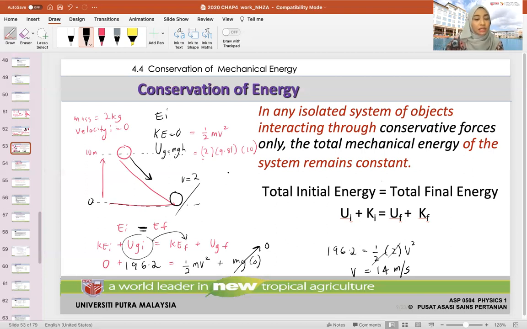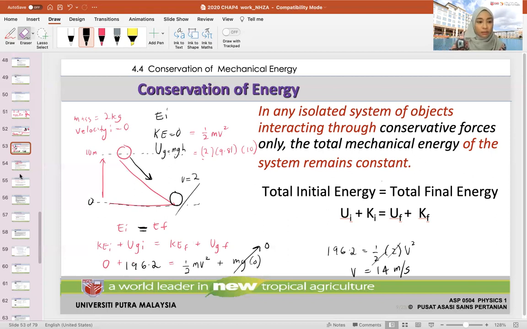I wouldn't say transferred, it's converted into kinetic energy. We started with 0 kinetic and gained; we started with something and lost. So it has to be balanced. Okay, is everyone okay with this example? It's a bit difficult, we will go back to it later.